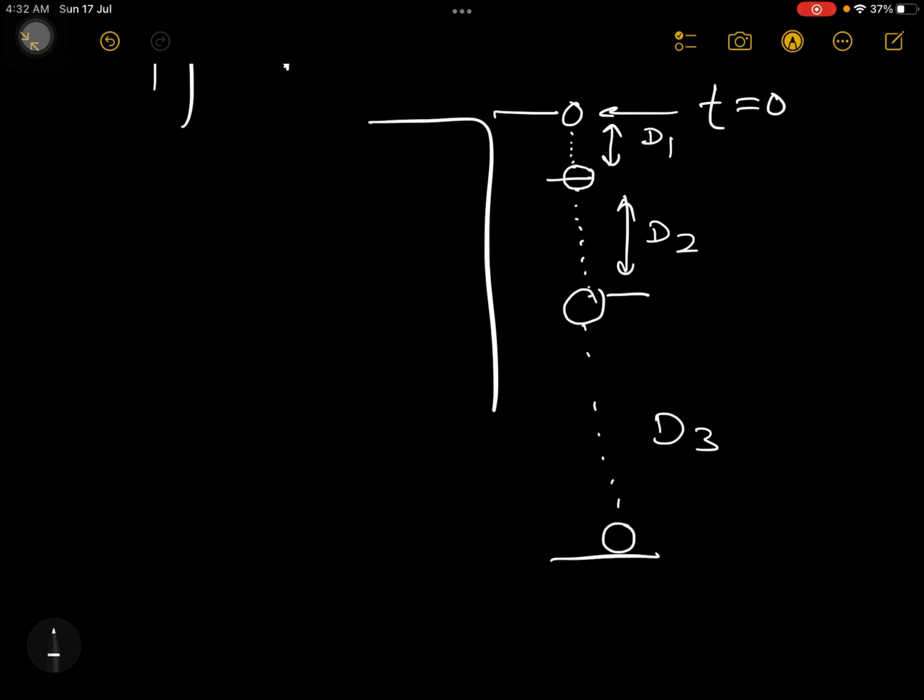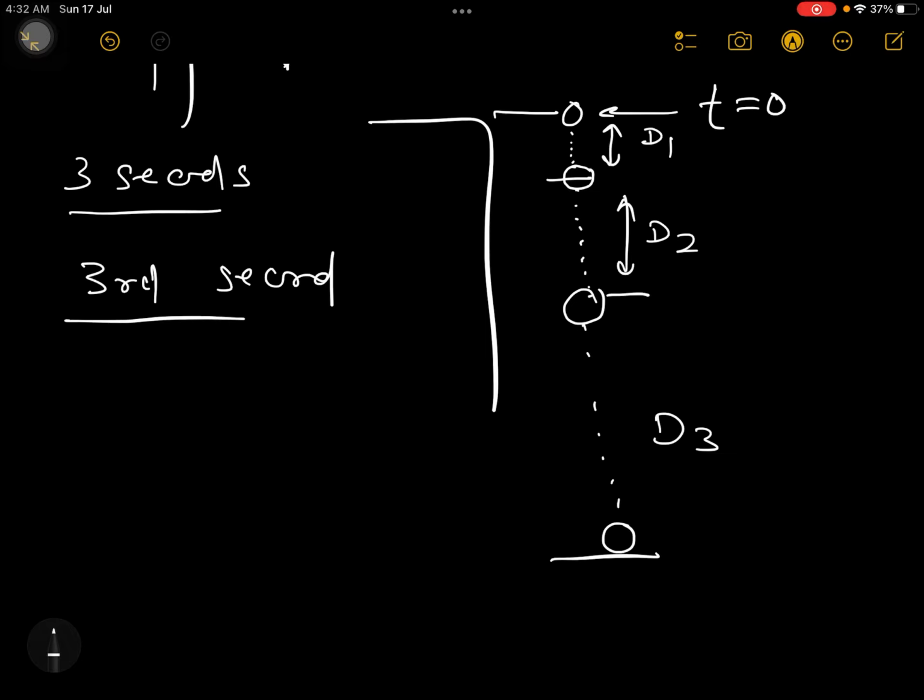So I can ask you the distance traveled in the third second, and I can ask you the distance traveled in 3 seconds. Feel the difference here. In Hindi we say 3 सेकेंडों में, and we say तीसरे सेकंड में. There is a difference. तीसरे सेकंड में means this one, 3 सेकेंडों में means the total distance.